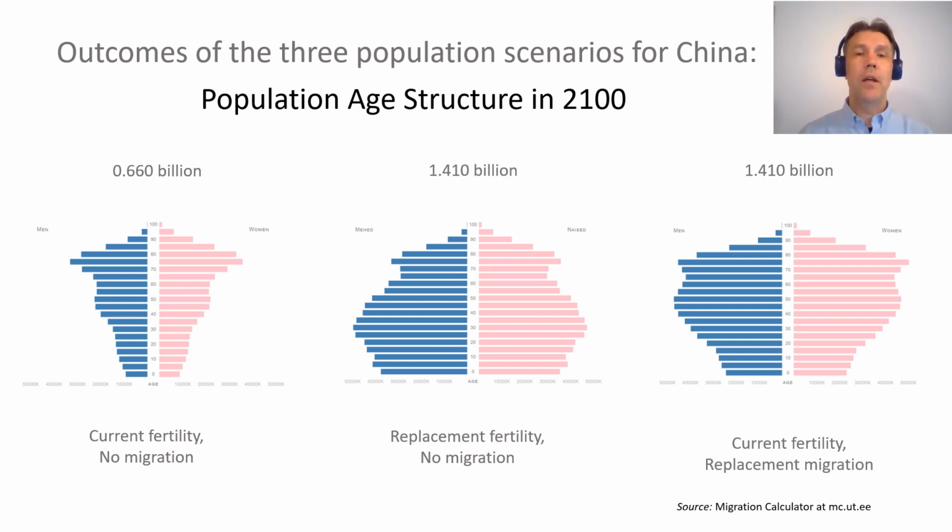And the age structures also vary in the case of the fertility and migration scenarios. In the migration scenario, we also see that the number of children is relatively smaller and the population is still aging very rapidly, while only the fertility scenario helps to keep down the rapid aging of the Chinese population.